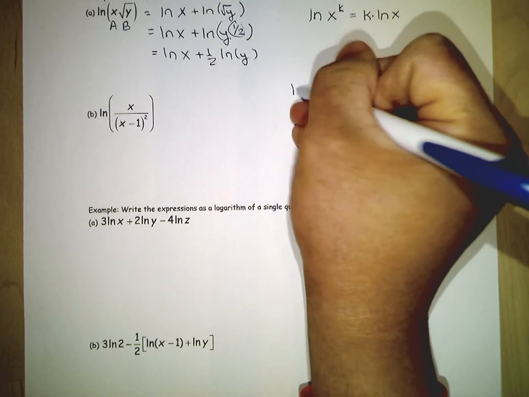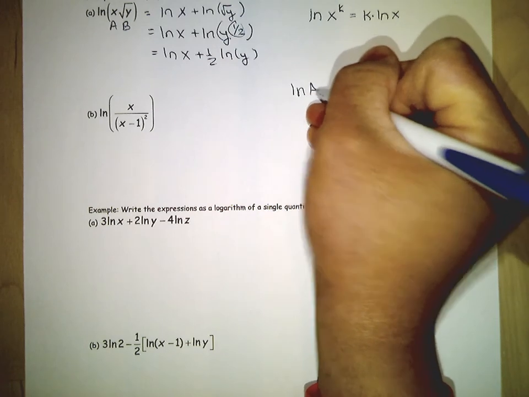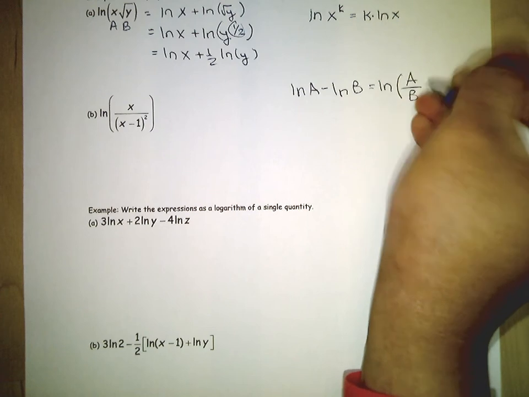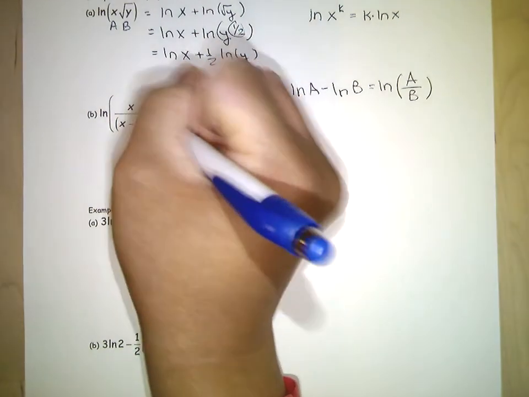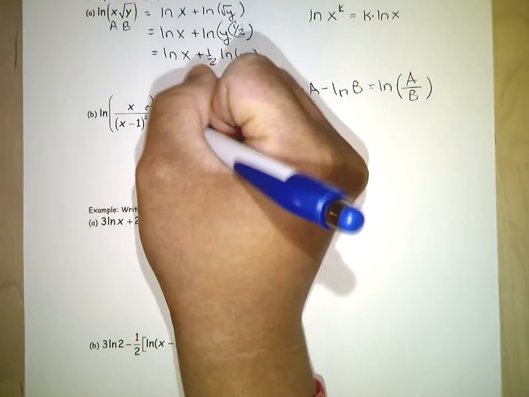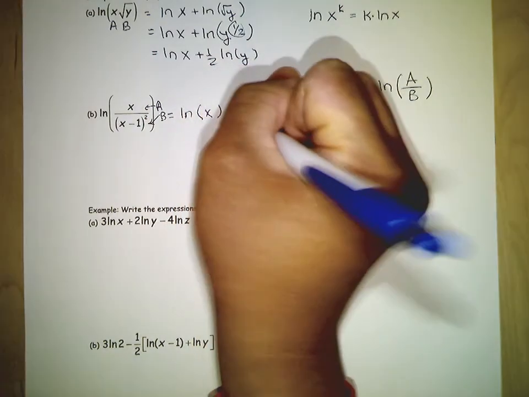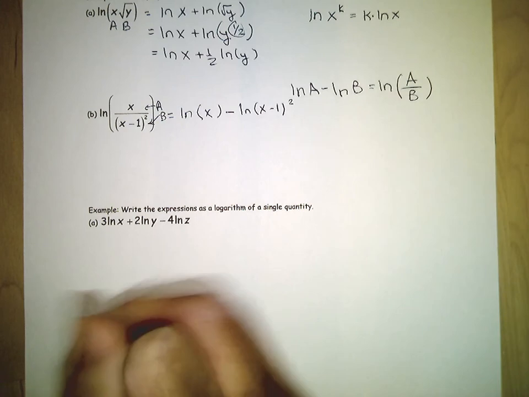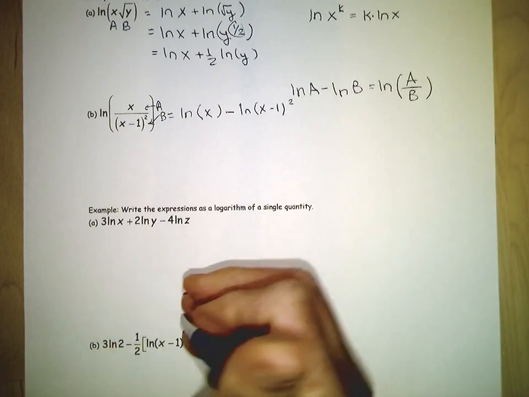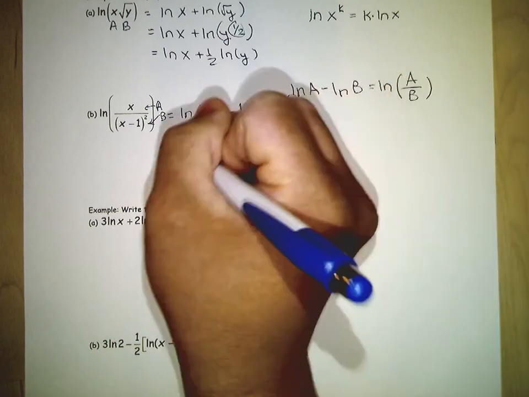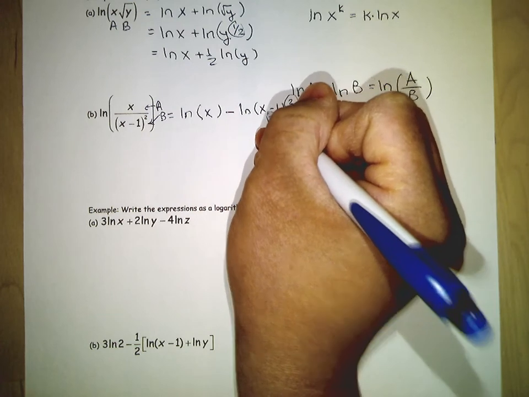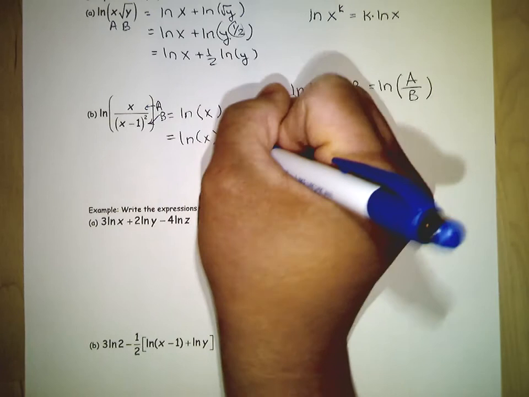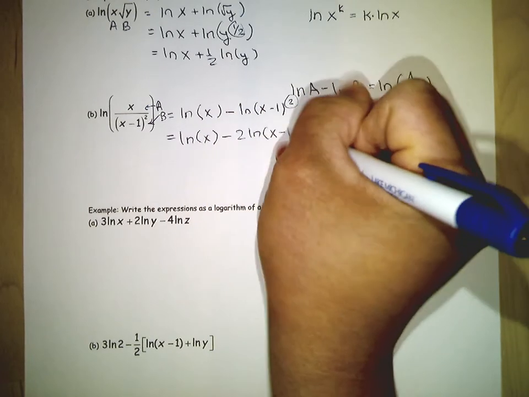Here we have a quotient, so natural log of A minus natural log of B is natural log of A over B. So here is A, here is B. So we have natural log of x minus natural log of x minus 1 squared. Then I use the power rule for the logarithms, and I can rewrite natural log of x minus 1 all quantity squared there as 2 natural log of x minus 1.